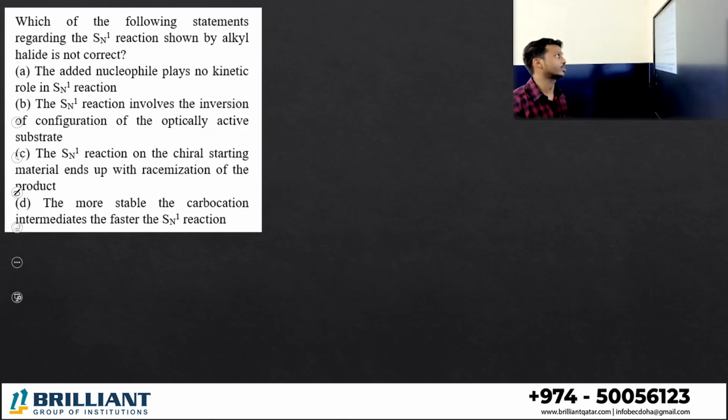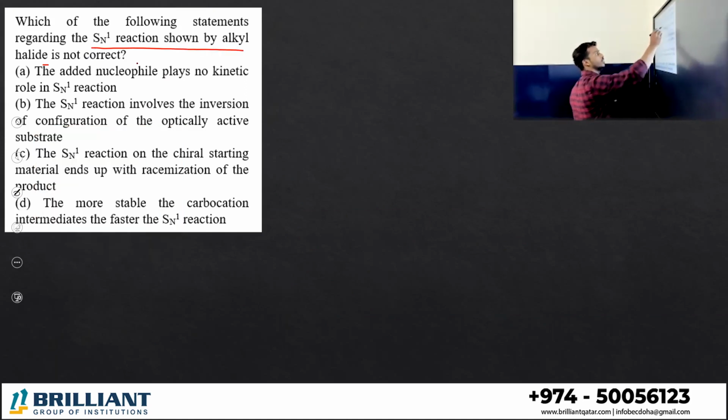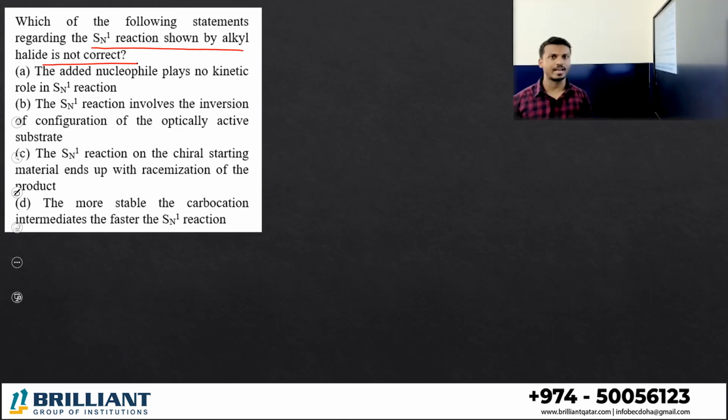Next one. Which of the following statements regarding the SN1 reaction of haloalkanes is not correct? Let us take the options. The added nucleophile plays no kinetic role in the SN1 reaction. SN1 reaction involves inversion of configuration of the optically active compound. Is inversion of configuration happening in the SN1 mechanism? No, right?